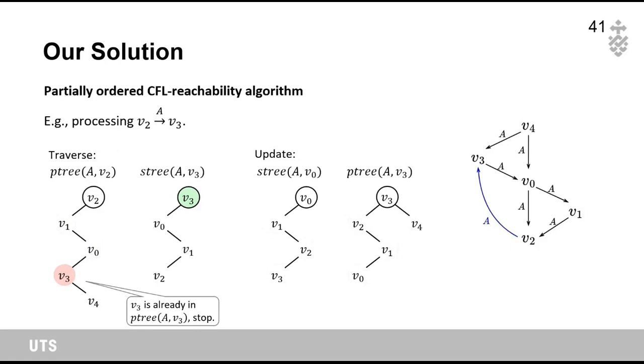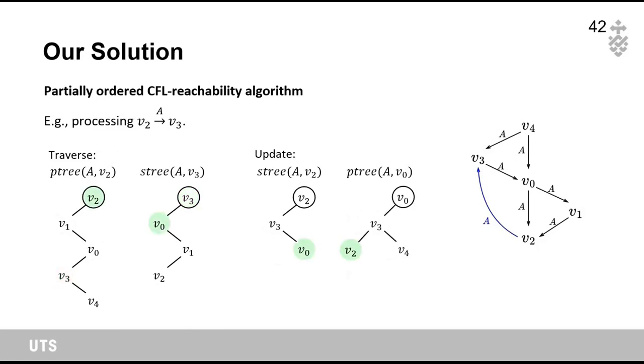In this way, we avoid the redundant derivation caused by v4. After finishing an iteration of traversal of P tree A v2, the outer traversal of S tree A v3 moves from v3 to v0, starting another inner traversal of P tree A v2. This dynamic construction method stops when all the inner traversals of P tree A v2 and all the outer traversals of S tree A v3 are finished.